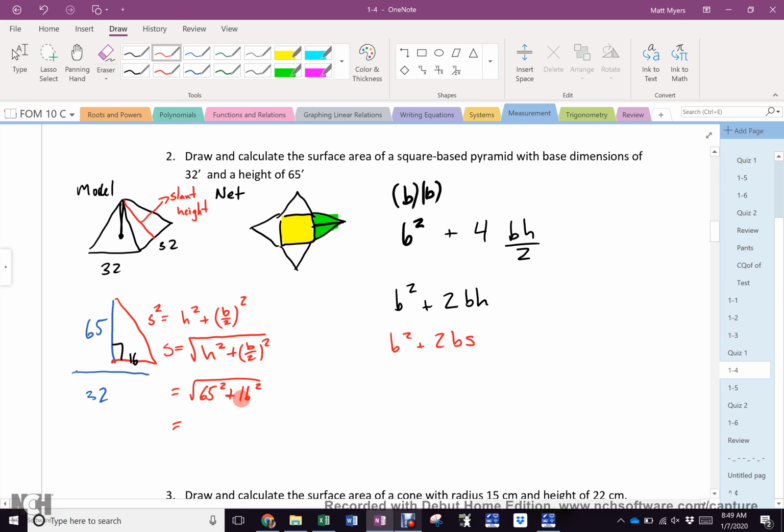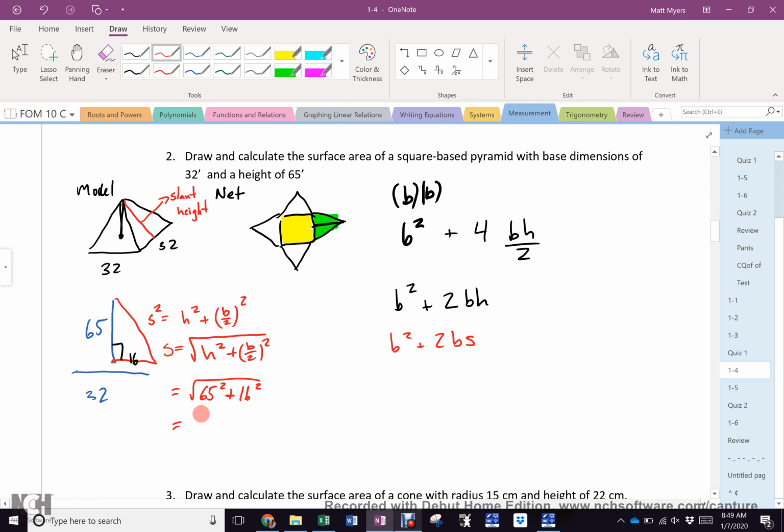What is it? 81? I don't get 81. 65 squared plus 16 squared, and then square root the answer.